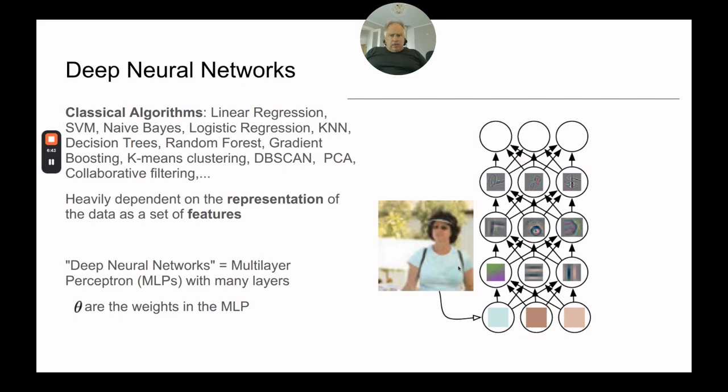But the classical algorithms, which we're about to bypass, are very heavily dependent on representation. So the mapping of what are the aspects of the problem to a set of features that then become the relevant features you're doing maybe a data fit over. That would be in something like logistic regression. Let's try to detect whether the patient has diabetes, or what's the likelihood of them having diabetes.